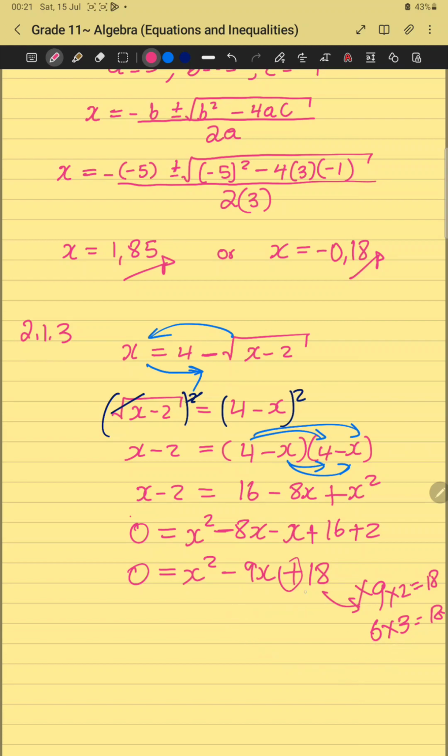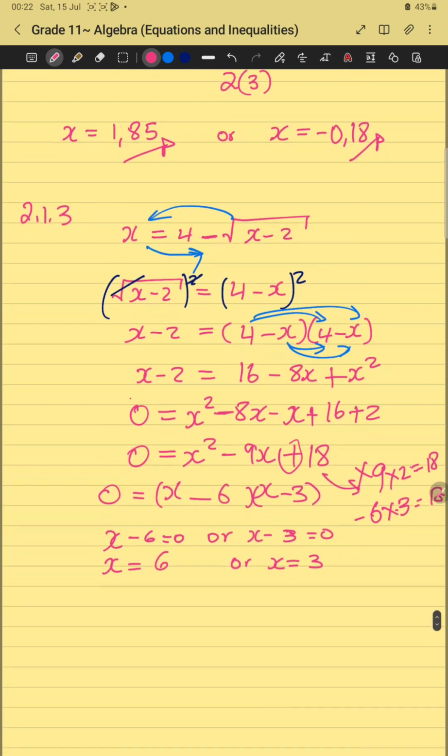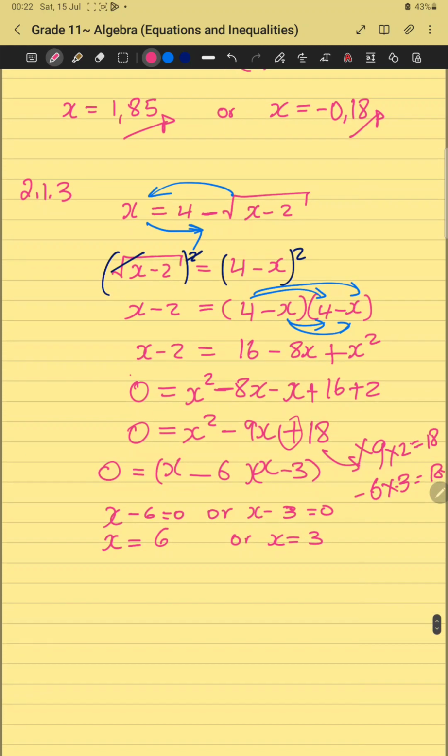So in order for us to get negative 9, we should have minus 6 minus 3. So we're going to have brackets with x and 6, and x and 3, with minus, and then we equate each bracket to 0. So x minus 6 equals 0, or x minus 3 equals 0, and then x must be 6 and x must be 3. But we're not done yet, guys. We have to verify the value of x.